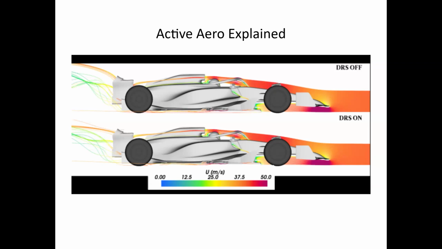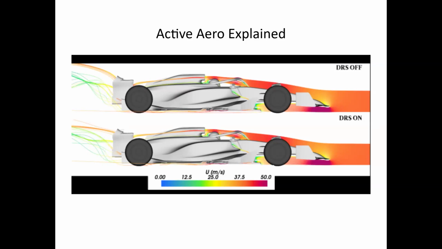As you can see on your screen, a drag reduction system is off, meaning that the wing is up. So the wing is up and providing the maximum downforce. You can see on the top picture, the turbulent wind is being directed up and away from the car and pushing down very, very hard on the car.